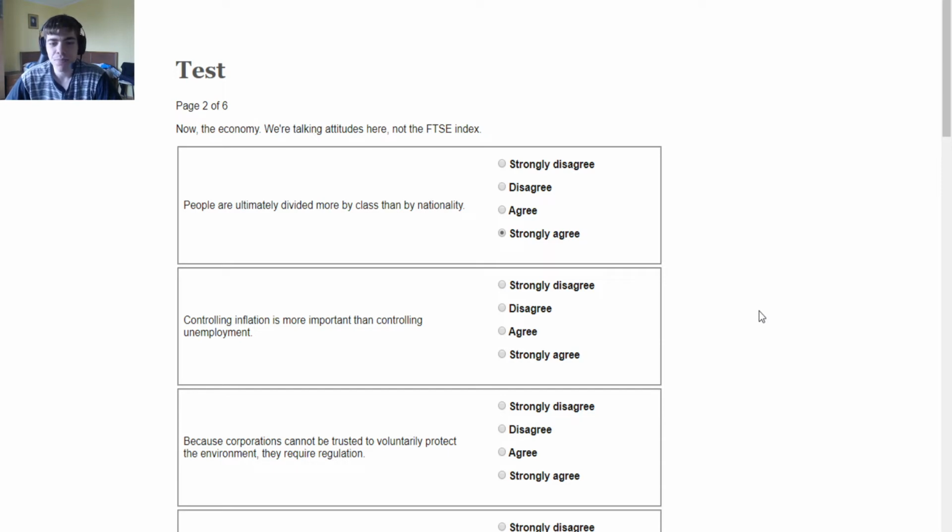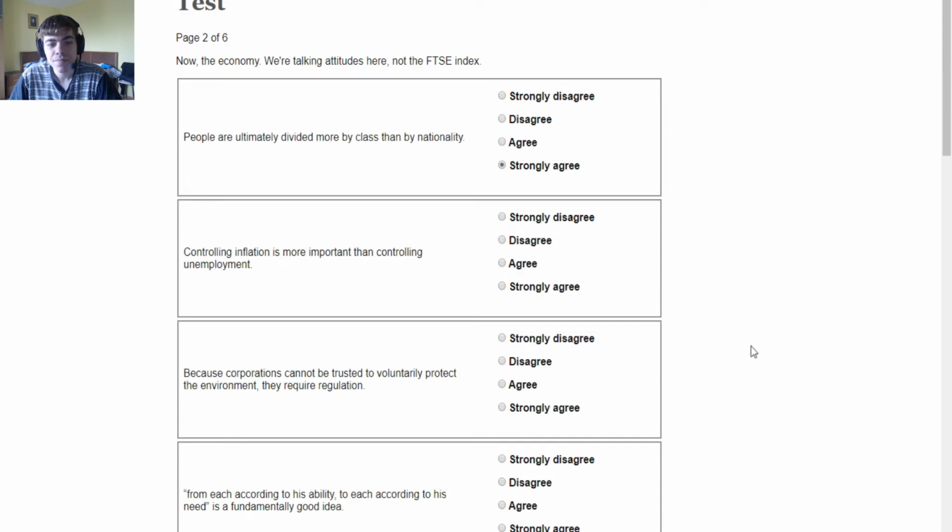Obviously, you'd have to get past the cultural differences. Language barrier is pretty important. If you don't know their language, then it's going to be pretty hard. But going over the language, I'd say that the division is more important by class than by nationality.